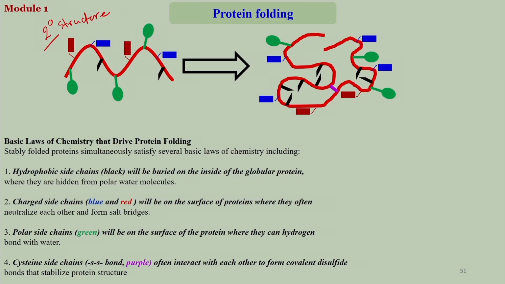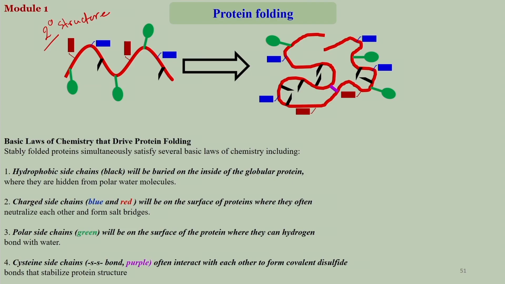Second is the charged side chains, which can be of two kinds: positive charge and negative charge. Negative charge is for the acid residues like aspartic acid and glutamic acid. The positive charges come from the amine residues, for example lysine and arginine, both of which have amine side chains. So, blue and red are marked for positive and negative side chains.